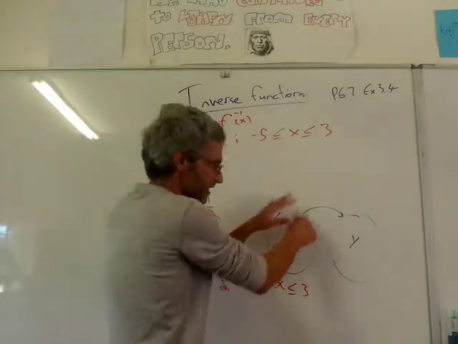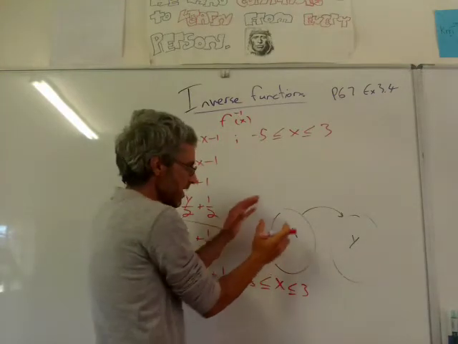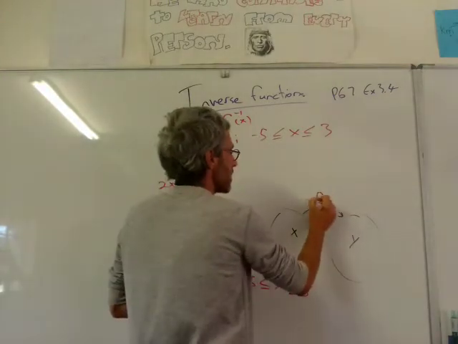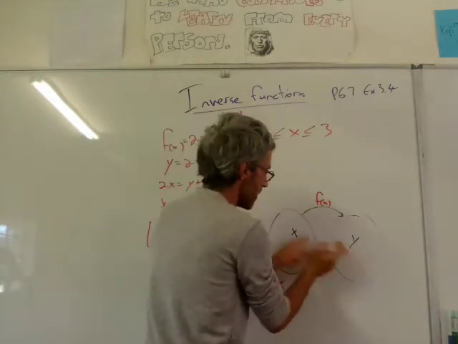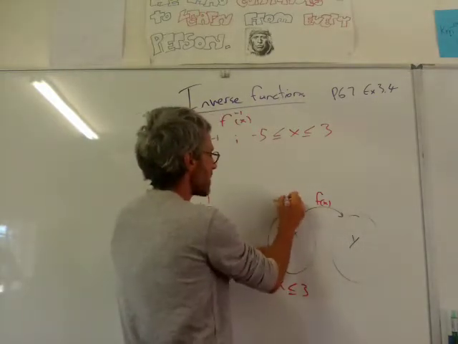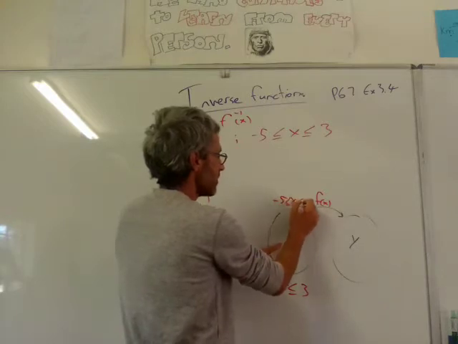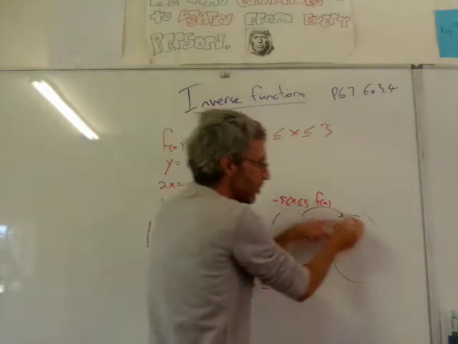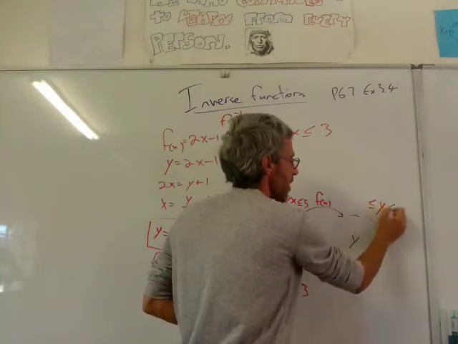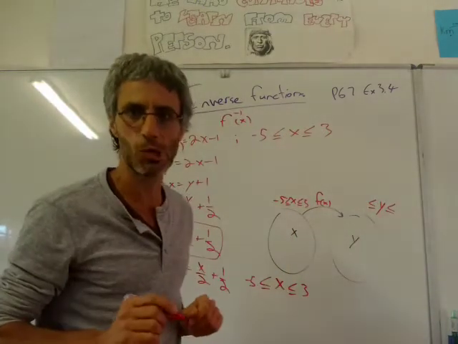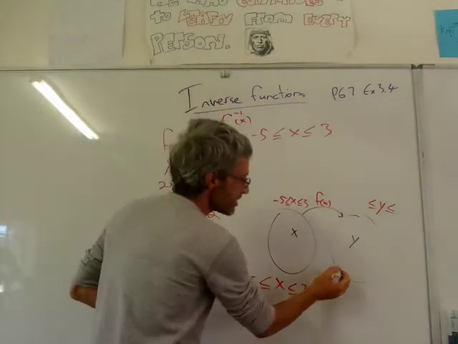Let's look at the picture that I used before. This picture shows me what f is. f takes a bunch of x's and turns them into y's. But the x's are between minus 5 and 3, and that brings me to a bunch of y's, which are also in some kind of range. We're not going to get all the y's in the world. Now, what is the inverse function?